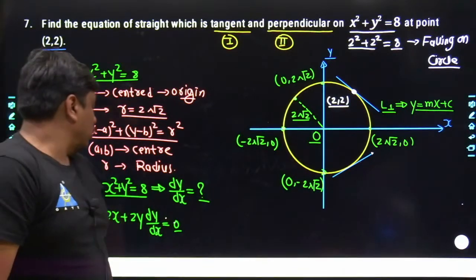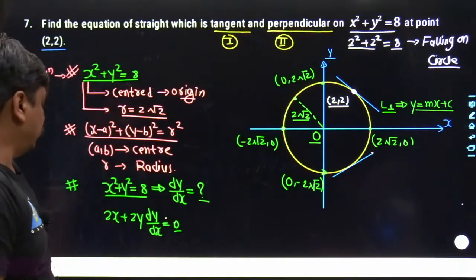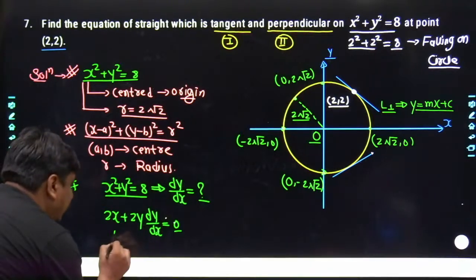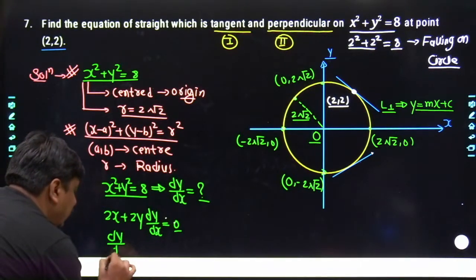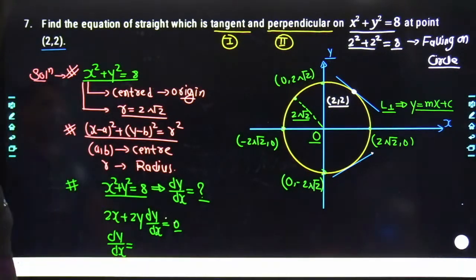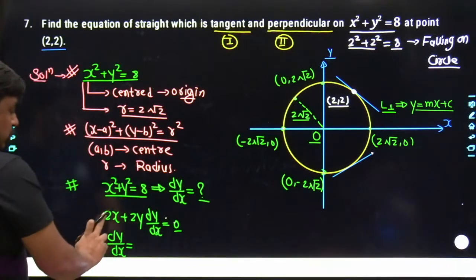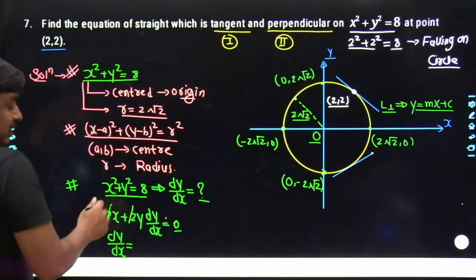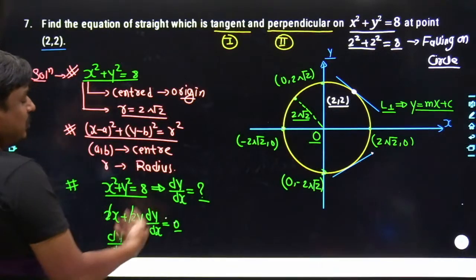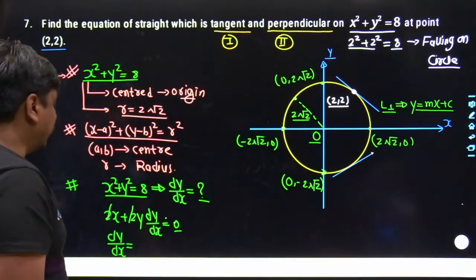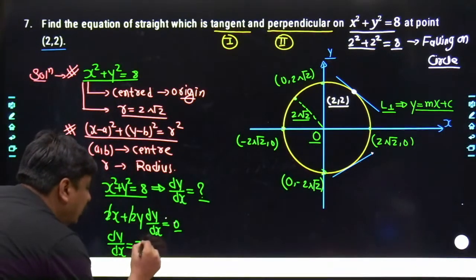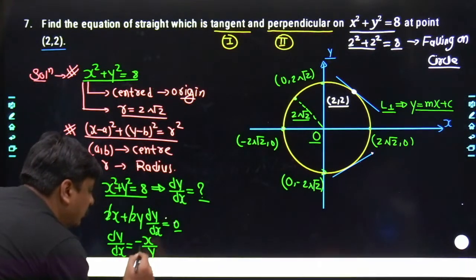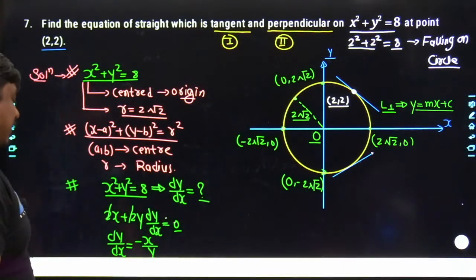So it becomes 2y dy by dx is equal to 0. From here, my basic agenda is to get the value of dy by dx. The 2 and 2 are cancelled out, as they are common, and the x term transferred to the right hand side would become negative. So the factor we are getting is simply minus x divided by y.